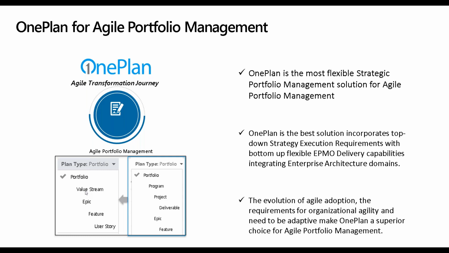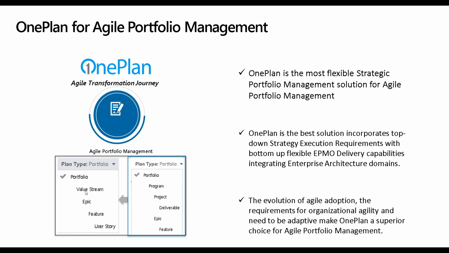You do have to follow principles and be well-grounded in Scrum primarily. But again, you need that flexibility in the solution that you select. And as we move forward, the evolution of Agile adoption, the requirements for organizational agility, which I want to talk about also, need to be adaptive, and that's where OnePlan is a better choice for Agile portfolio management.